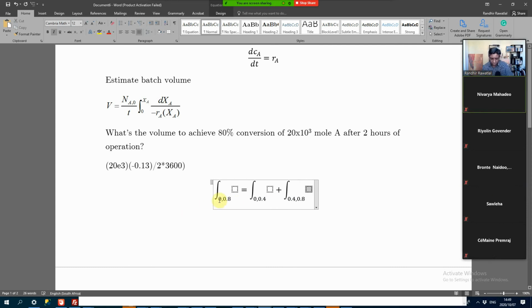Right, so overall we want to know this integral from 0 to 0.8, and we can get the same result if we break this integration up from 0 to 0.4 and then 0.4 to 0.8.